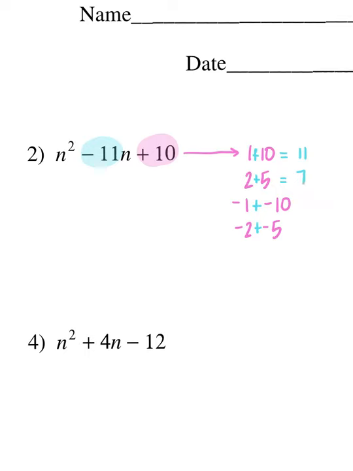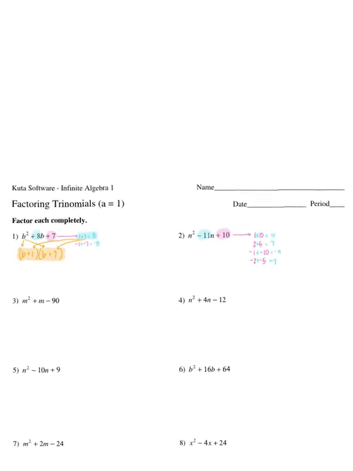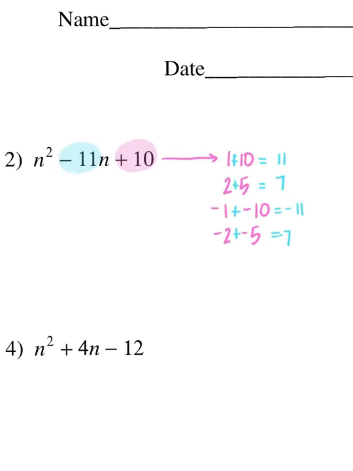2 plus 5 is 7. -1 plus -10 is -11. -2 plus -5 is -7. So which one of these multiply to give me 10 and add up to give me -11? It would be this one.